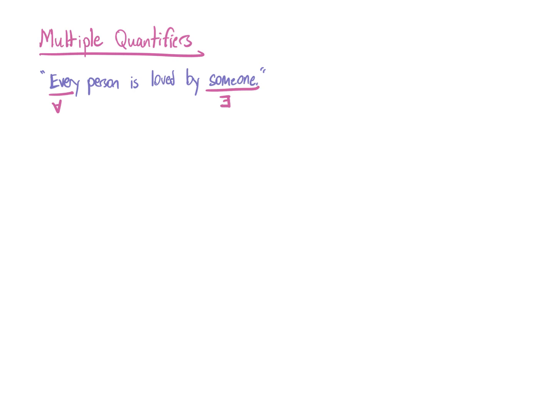And of course, we have to define our sets and our predicates. Let's start doing that. It looks like this is a statement about people. Let's say human beings. That's fine. So P is the set of all people.